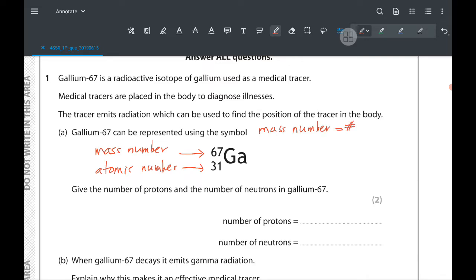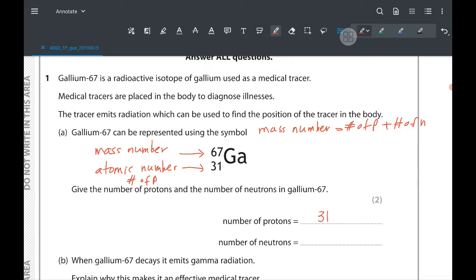So we'll put the hash sign to represent number of protons plus number of neutrons. And the question they are asking is, give the number of protons and the number of neutrons in gallium-67. We already know the atomic number is equal to the number of protons. So here the number of protons will be 31.